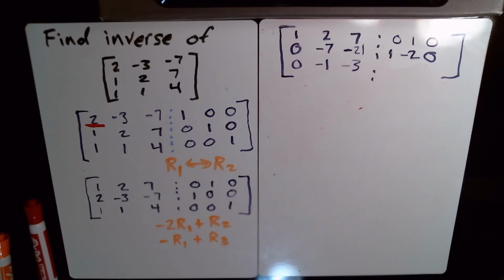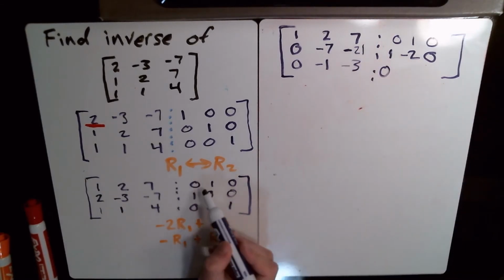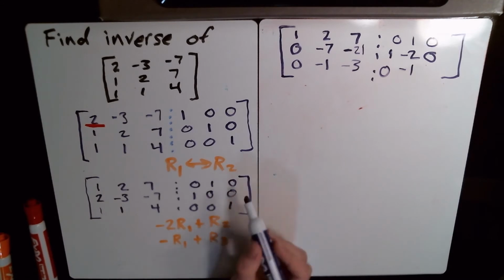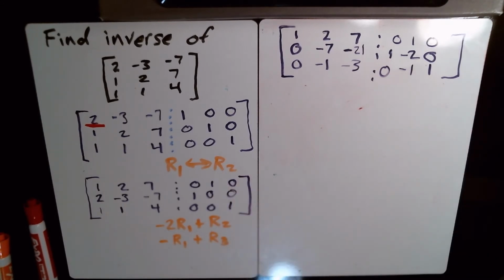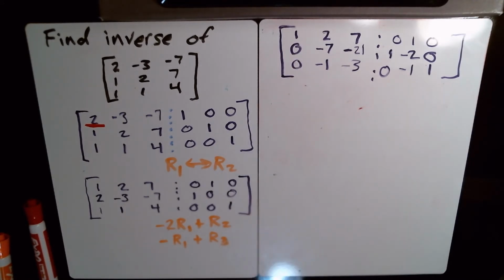Okay. And then -0 plus 0 is still 0 here. -1 plus 0 is -1. -0 plus 1 is 1. Okay, so we're just taking our rows and combining them together so that we get zeros there.